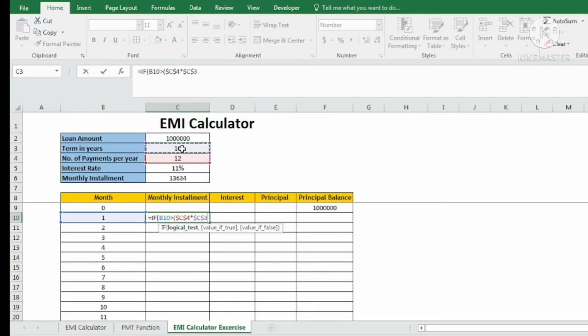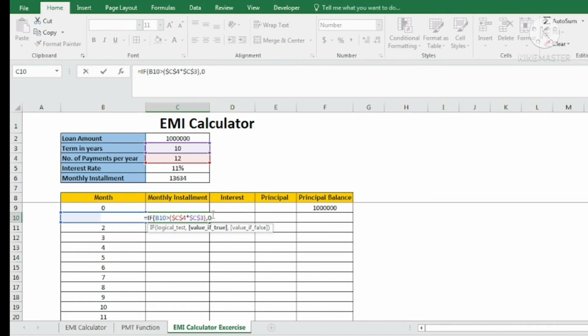Why am I doing this? Because this is number of years and this is number of payments in the year. So the number of years, the user may change it to 20 years, 15 years, like that. And then complete the logical test. Value if true: if this cell becomes greater than 120, automatically it should change to 0.